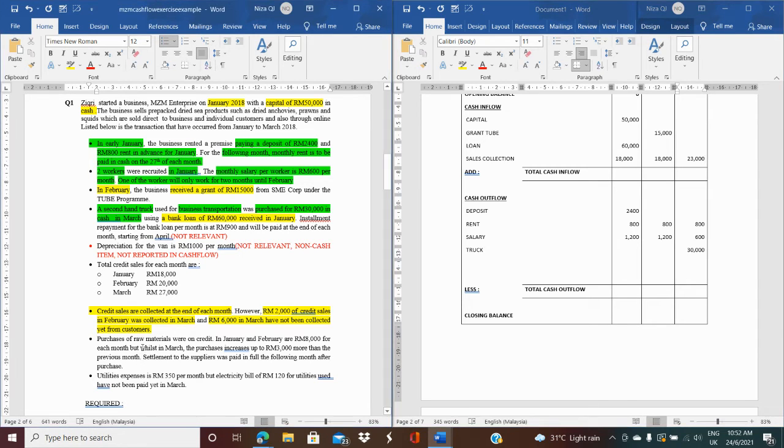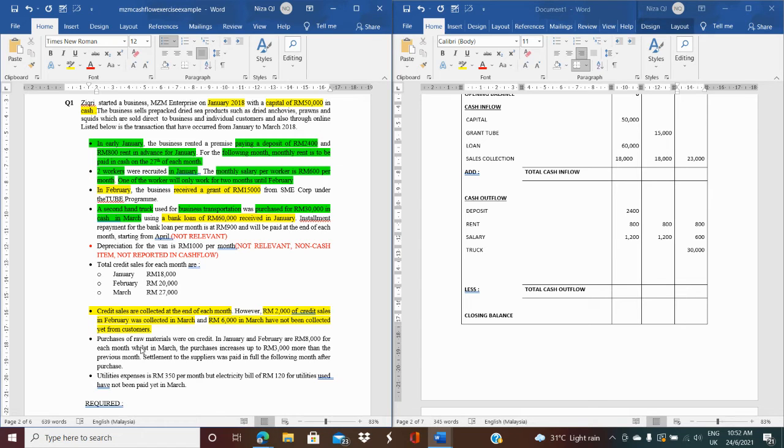So in January and February, the purchase projected is 8,000 for each month, and in March it will increase 3,000 more. So it means that in March it will be 11,000 because 3,000 is added to the previous month's amount.